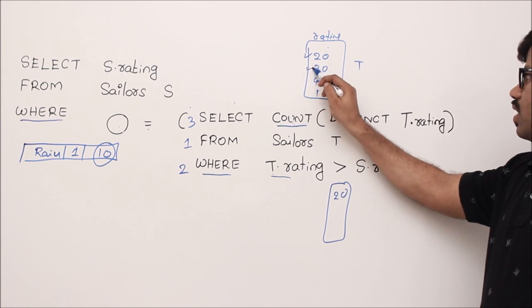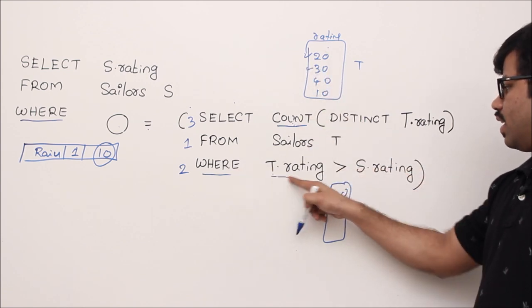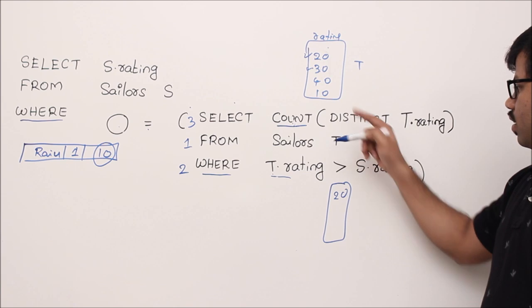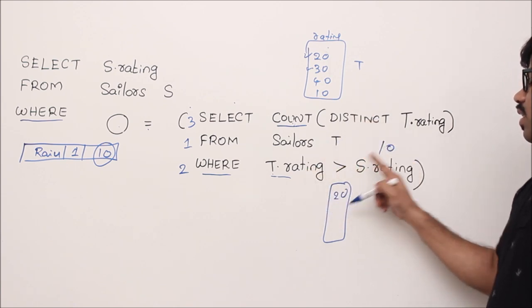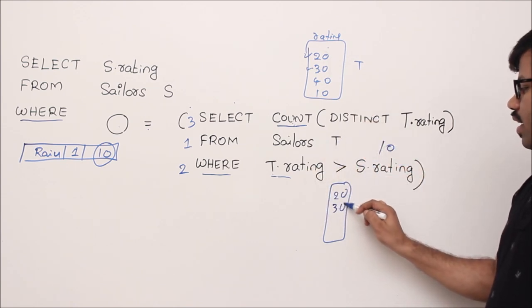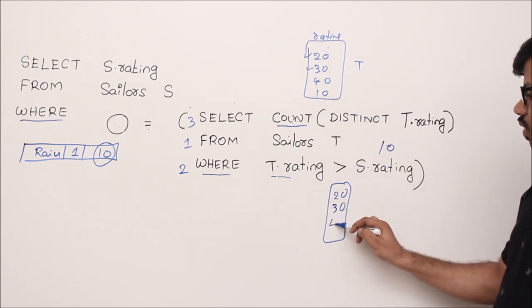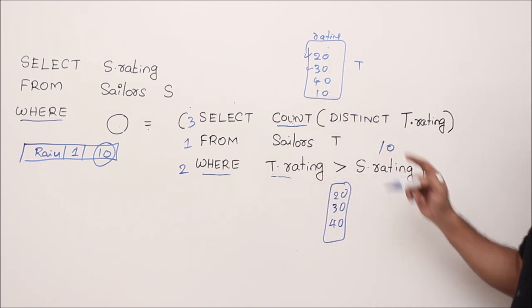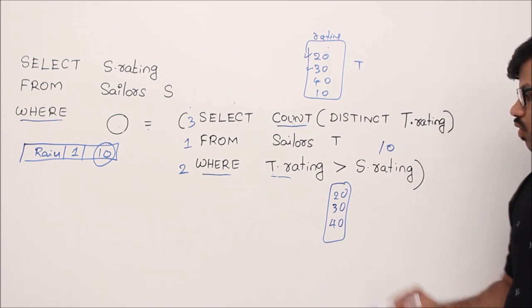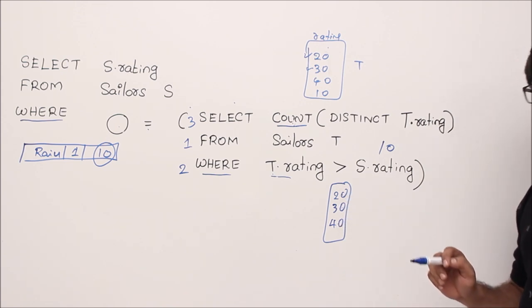Then we substitute 30: 30 greater than S.rating 10, true, so 30 will be taken. Then 40 greater than 10, 40 will be taken. 10 greater than 10 is false, so 10 will not be taken. So finally 3 tuples will be taken, correct?